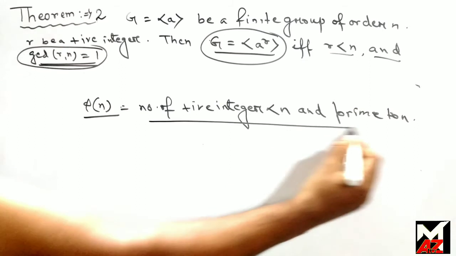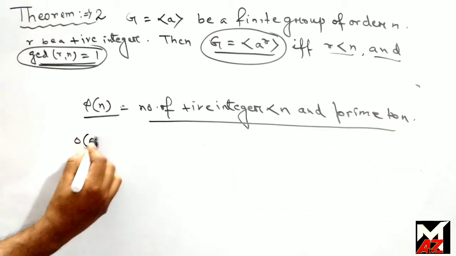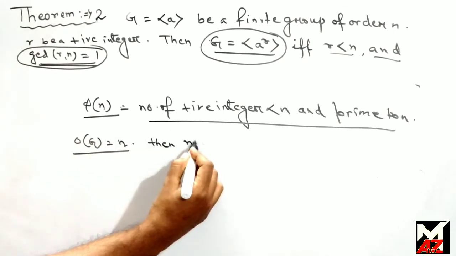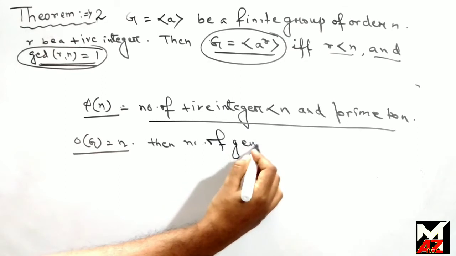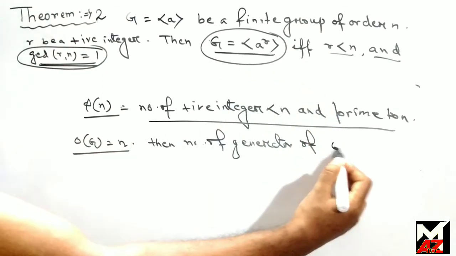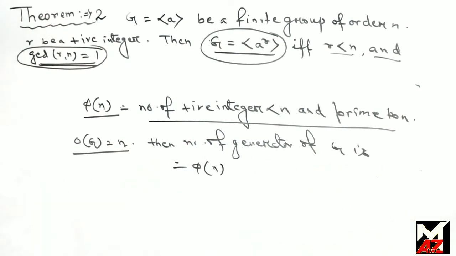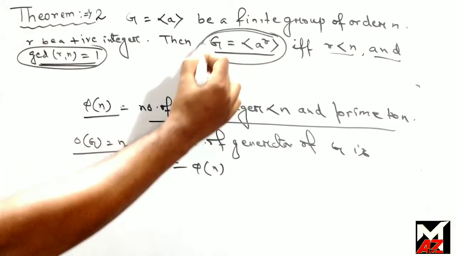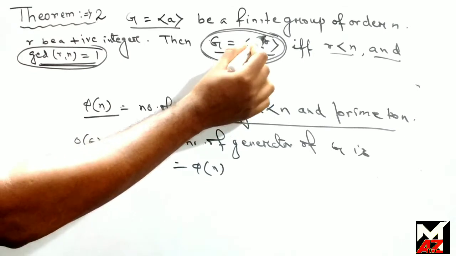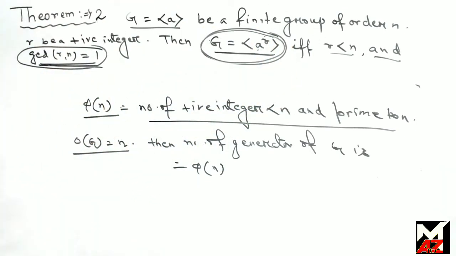So from this definition, we clearly say that if the order of G is equal to n, then the number of generators of G is equal to phi of n. Because if a is the generator, then a to the power r is also a generator, where r is less than n and r is prime to n.